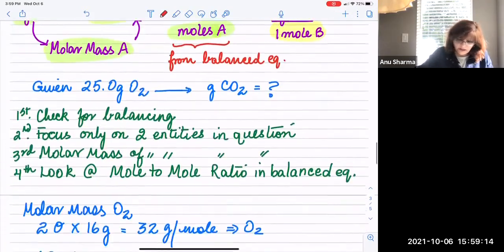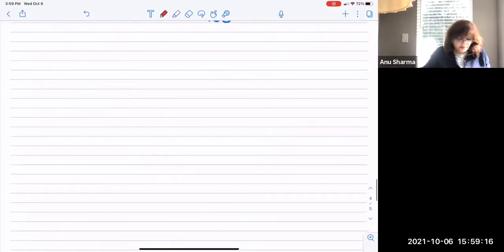All right, next is the limiting reactants and the percentage yield.